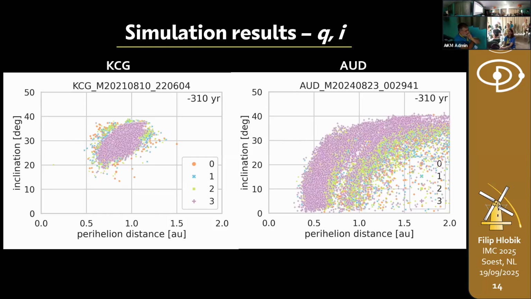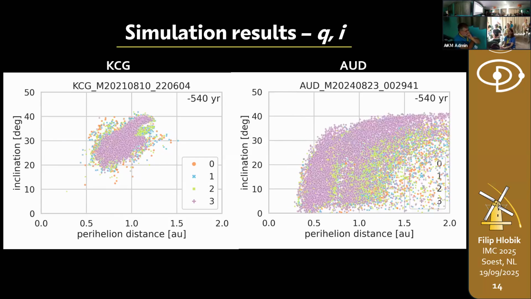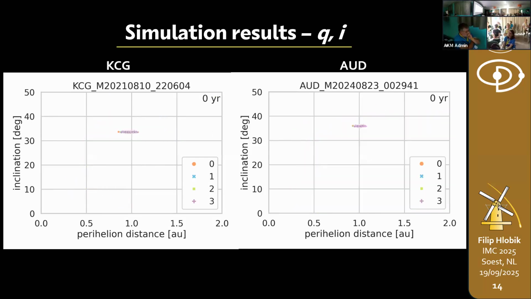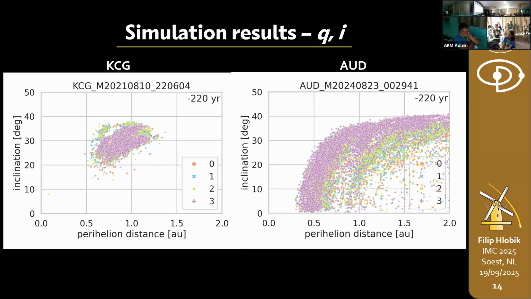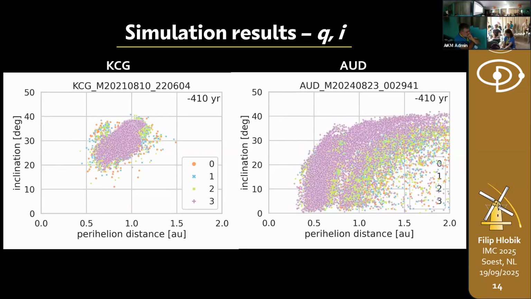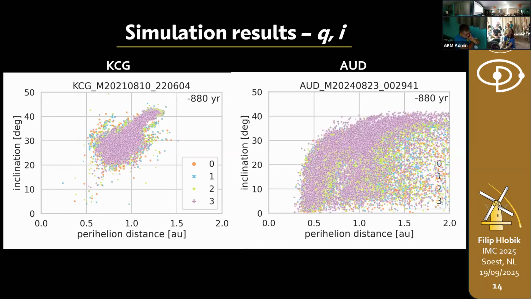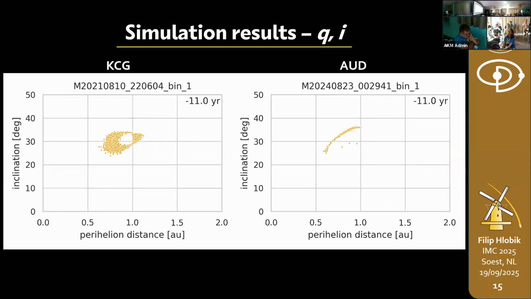Now for the perihelion distance and inclination. Once again, we can see the chaos kicking in quite soon, mainly for the August Draconids, not so much for the Kappa-Cygnids, but still. Taking a closer look at the first 100 years. And yes, soon the chaos will kick in here.